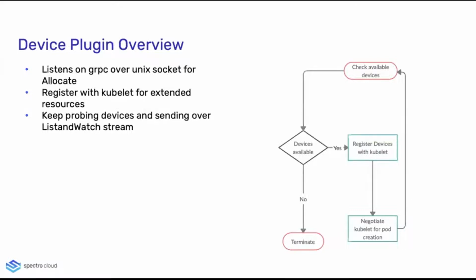The device plugin spec has two services. One is registration and a stream for devices, and the other is for allocation, where the kubelet can negotiate with the device plugin for the resource it is going to create. Let's take a look at them one by one.